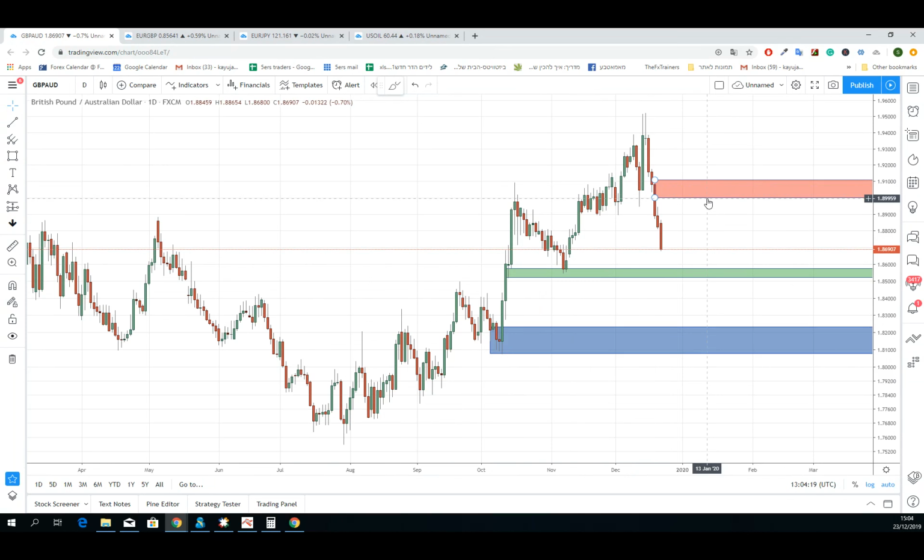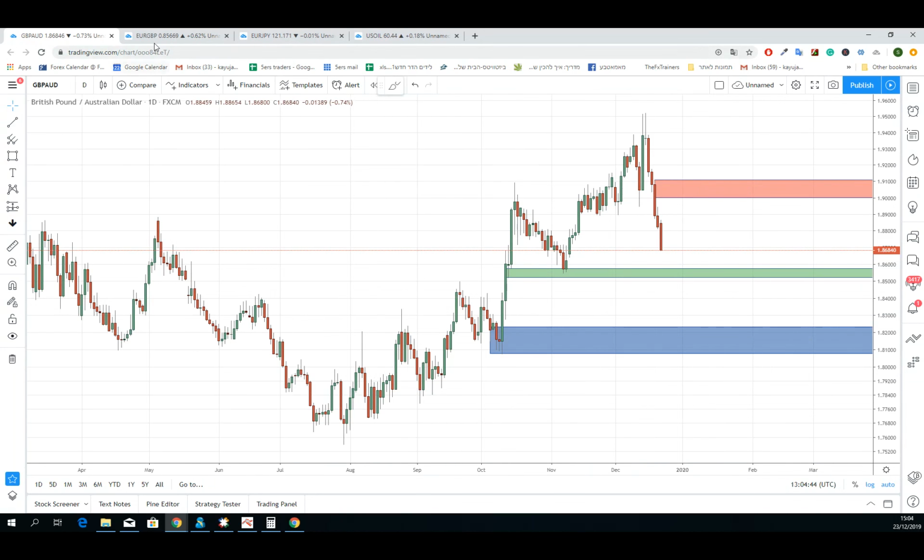The final target for this scenario will be this demand at the bottom. We can see here the demand, how the price really flew up from that level fast and strong. So that will be the target, which can also be a great level for a buy position.